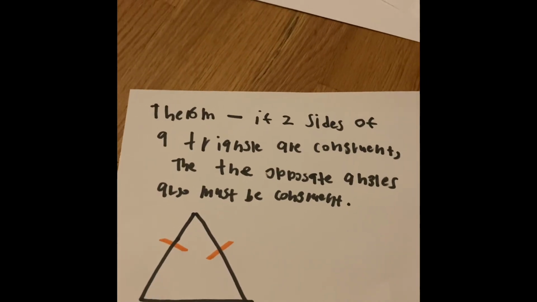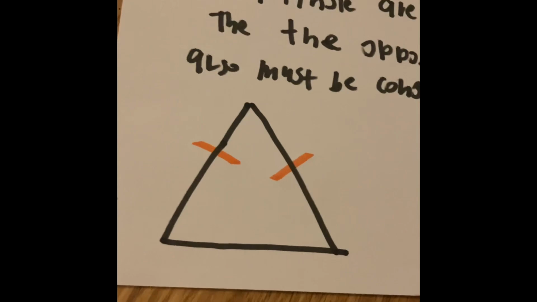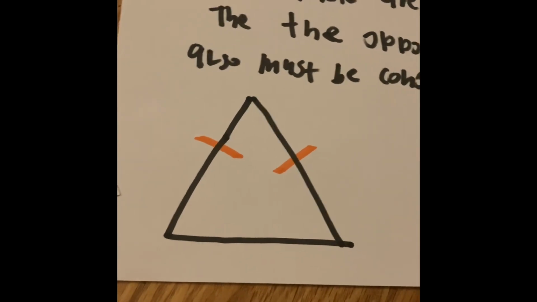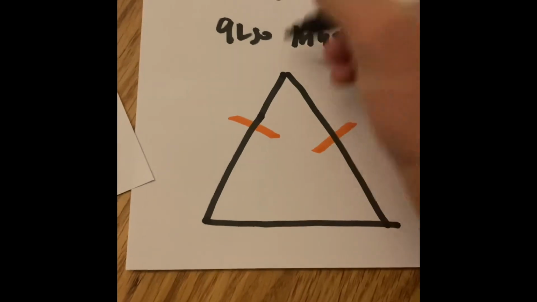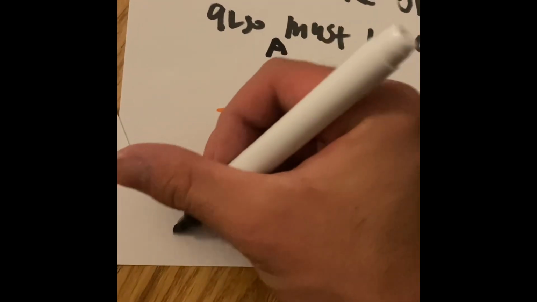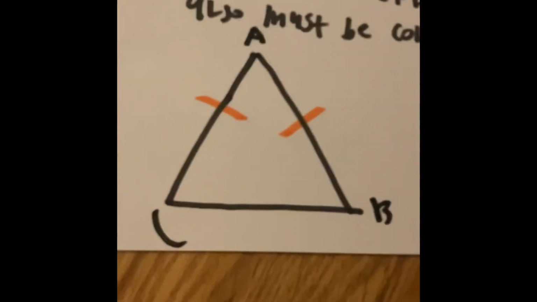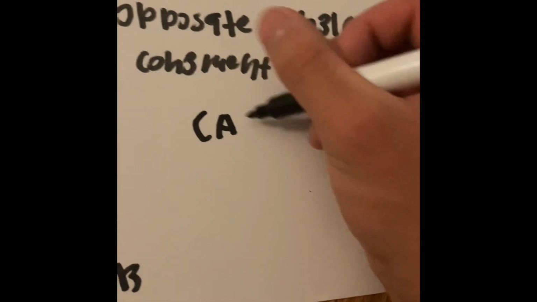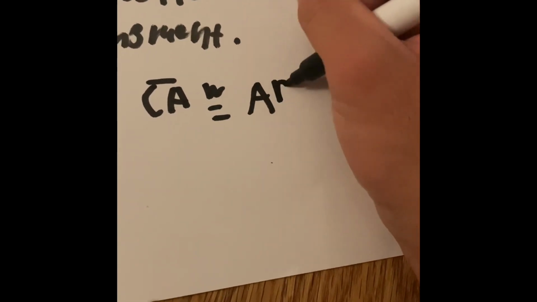Technically what this is saying is right here are congruent segments or congruent sides. I'm going to give it some names. I'm going to name this top one A, this one to the right B, and this one C. So now we can make a statement saying that segment CA is going to be congruent with AB.